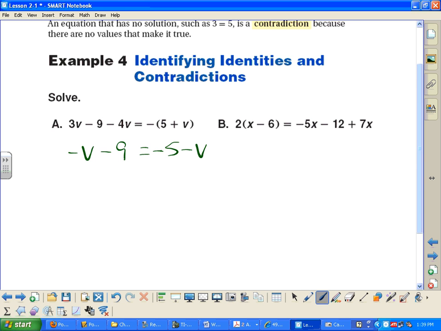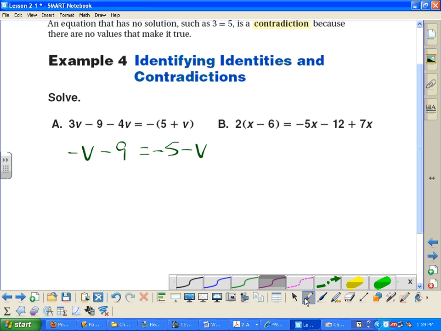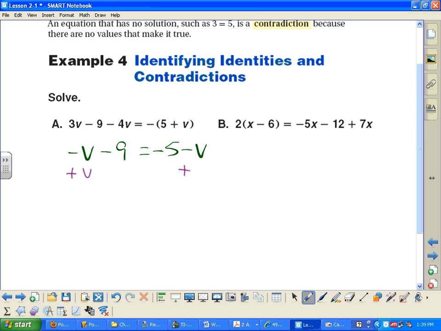Okay? So now if we want to get the v's on the same side, if I add v to both sides, because that's the smallest v I have, we get negative 9 equals negative 5. Is negative 9 ever equal to negative 5? No. So this is a contradiction.